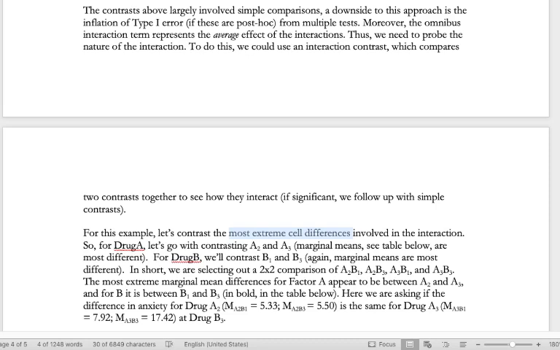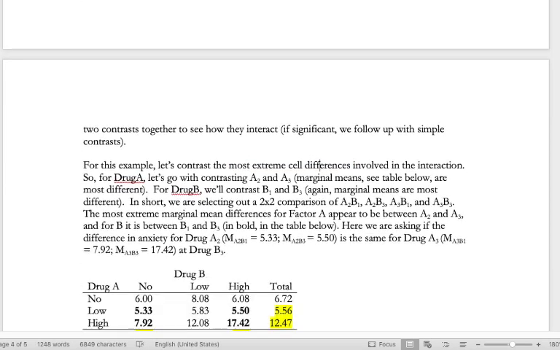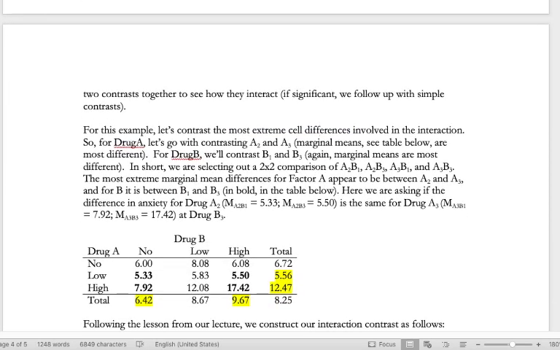There's different ways that you can determine this. But what we're going to do is look at this table. So here, this is a table with all of the means and marginal means, right? So on the side here, 6.72 is the average for drug A, no, if drug B is constant.